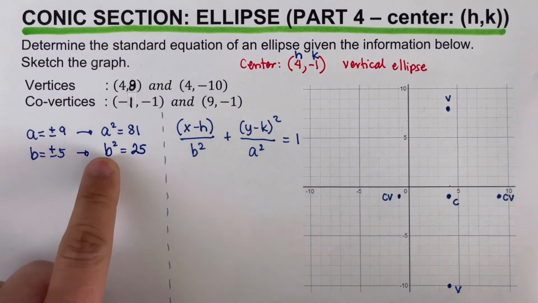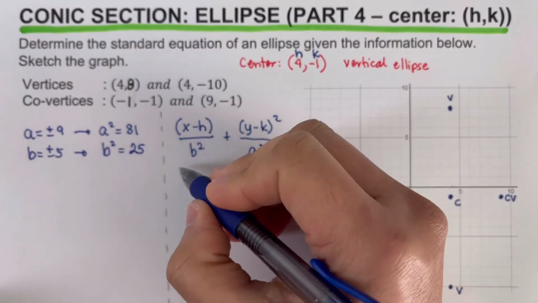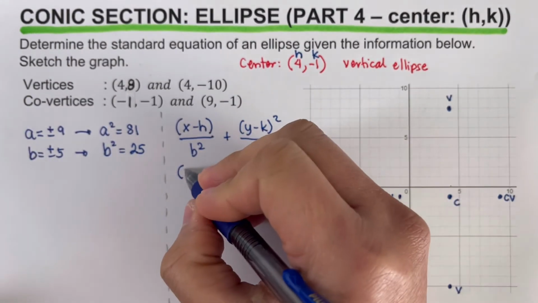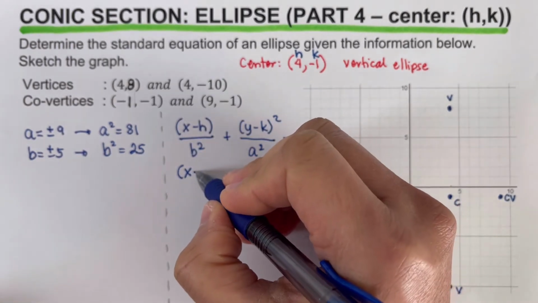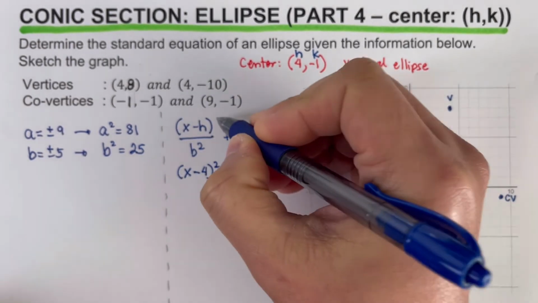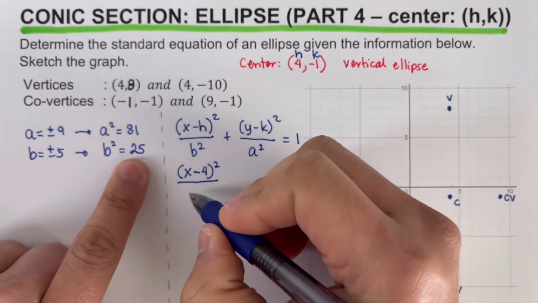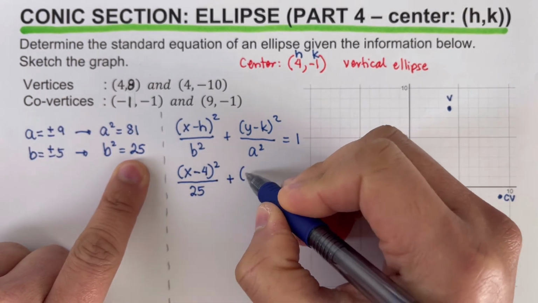Now we are going to plug this a squared and b squared into this equation. So we have x. Remember, this is switch and switch. Since that is a positive 4, this will be x minus 4 squared over our b squared, which is 25, plus, that would be y.